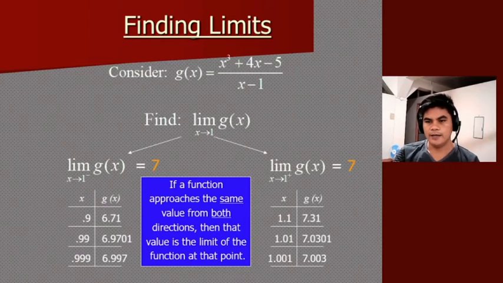Therefore, the limit of (x cubed plus 4x minus 5) over (x minus 1) as x gets closer to 1 from the right and from the left is 7.